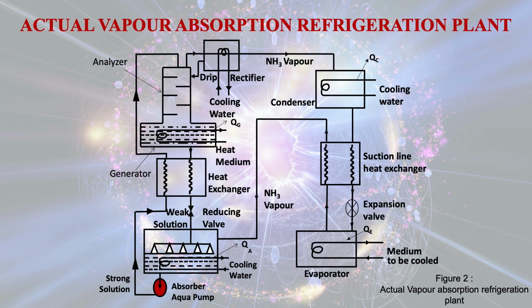That completes the cycle. So here the analyzer and rectifier, these two are integrated with the diagram of the vapor absorption refrigeration system so that it can remove the water vapor which may leave from the generator and enter into the condenser.